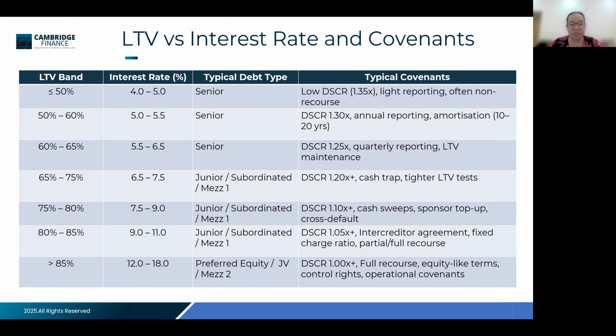What we can see here is that the higher the LTV, the loan to value band, the higher the interest rate is going to be, okay? At the beginning, the lower end of the loan to value is senior debt, and then the higher you go into the loan to value in the capital stack, it becomes more like a subordinated and preferred equity scenario, okay?